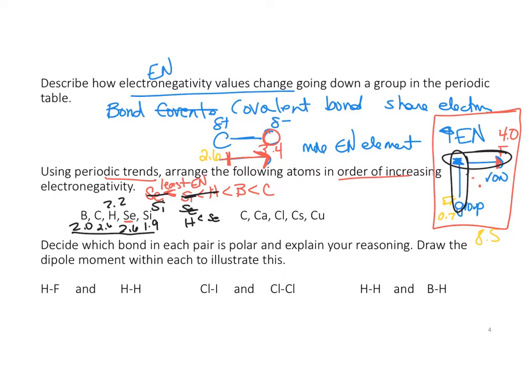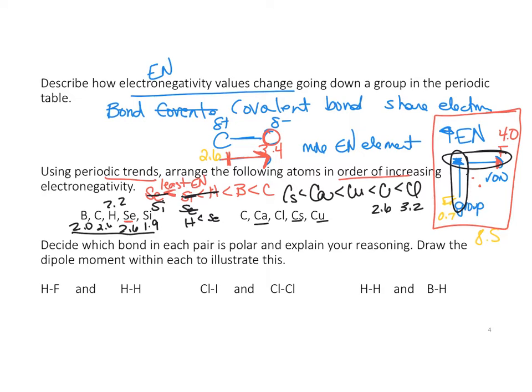Okay, what about this one? Well, I can tell you calcium is the least, and cesium. Actually, cesium is a metal in the first group, so it's going to be less than calcium. And I would say copper because it's a metal. And then between carbon and chlorine, I would say carbon and then chlorine. Now these are all over the place, so I'm going to look these values up. Chlorine is 3.2 and carbon is 2.6, so I'm good there.